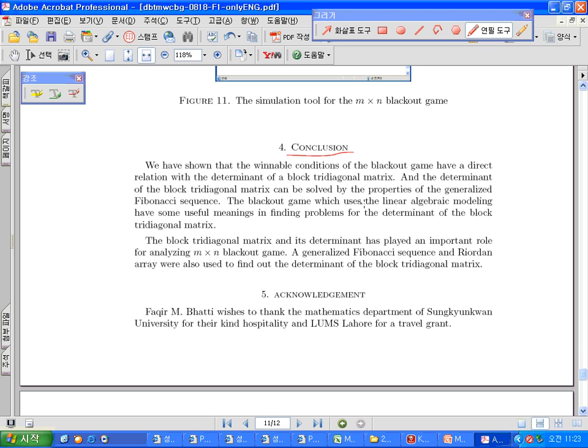So this conclusion shows that all of our questions on the Blackout game, from the very beginning to the very utmost, have been fully covered with this kind of mathematical simulation.